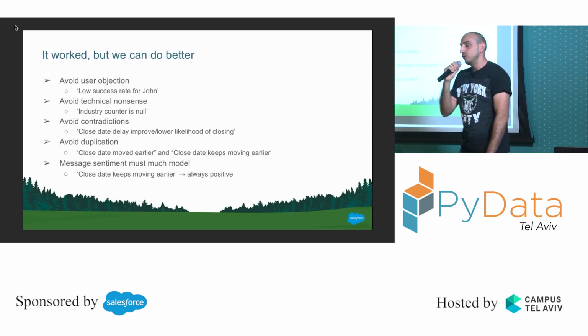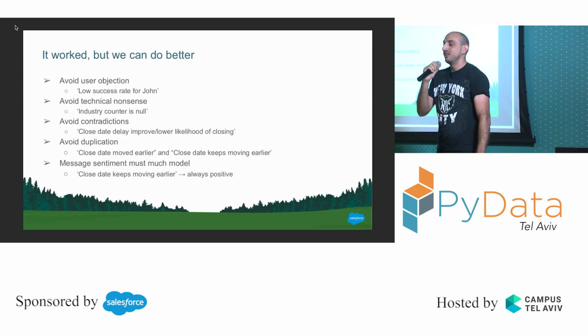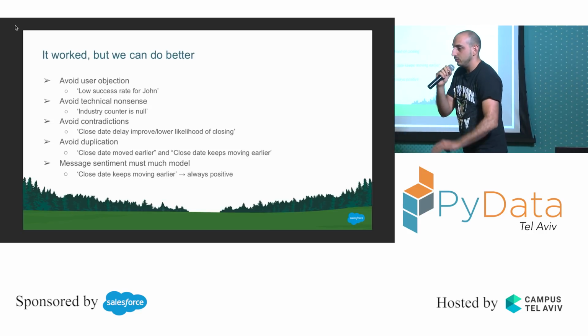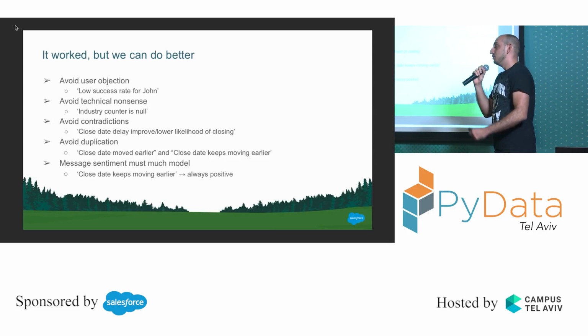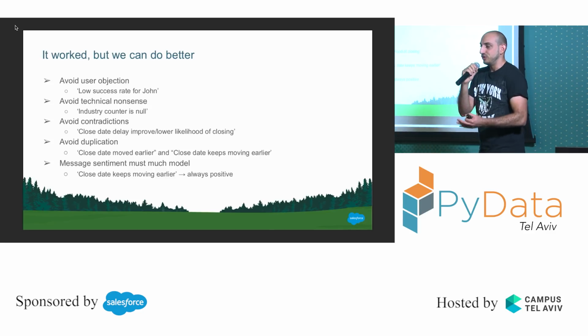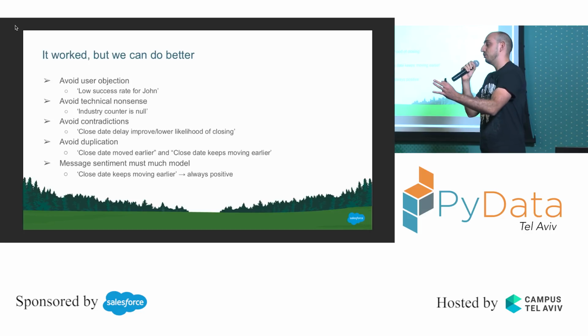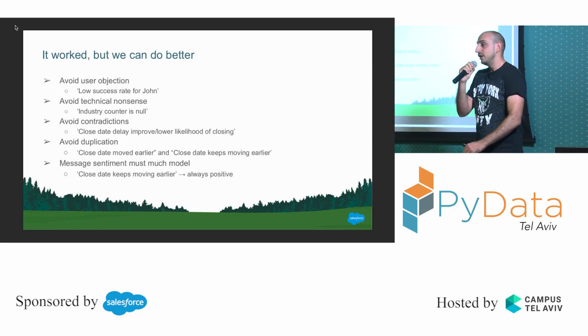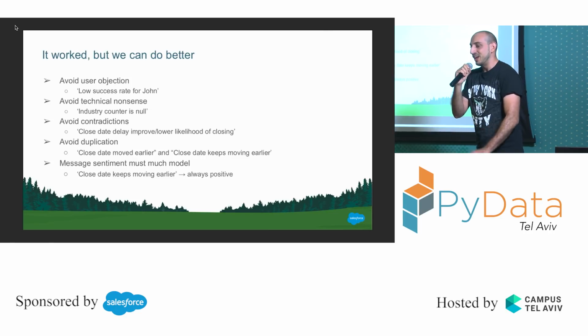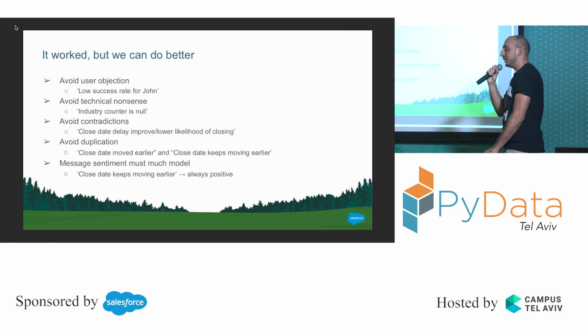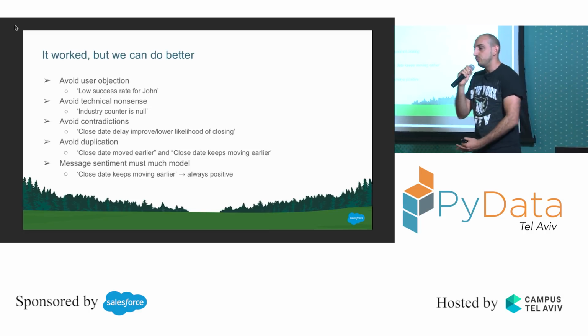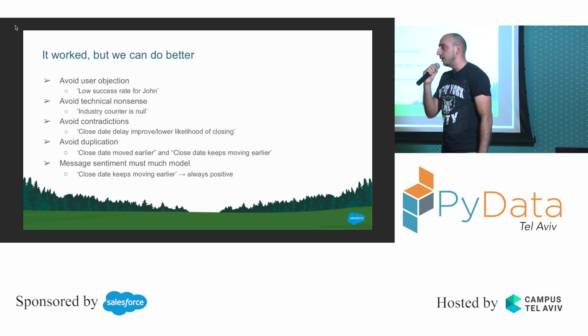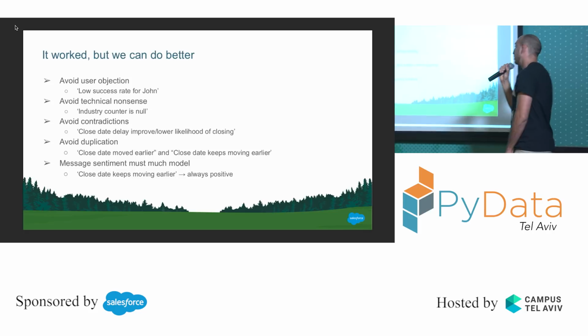Let's say that a certain opportunity or deal does not have a geographical region. For me, it makes perfect sense as a feature. But when you display something like this to a customer and say, hey, this deal is from no geographical region, then I think it's less likely to close, they don't like it. It doesn't make sense to them. They don't understand that there might be an underlying process that because of it, it doesn't have that feature.